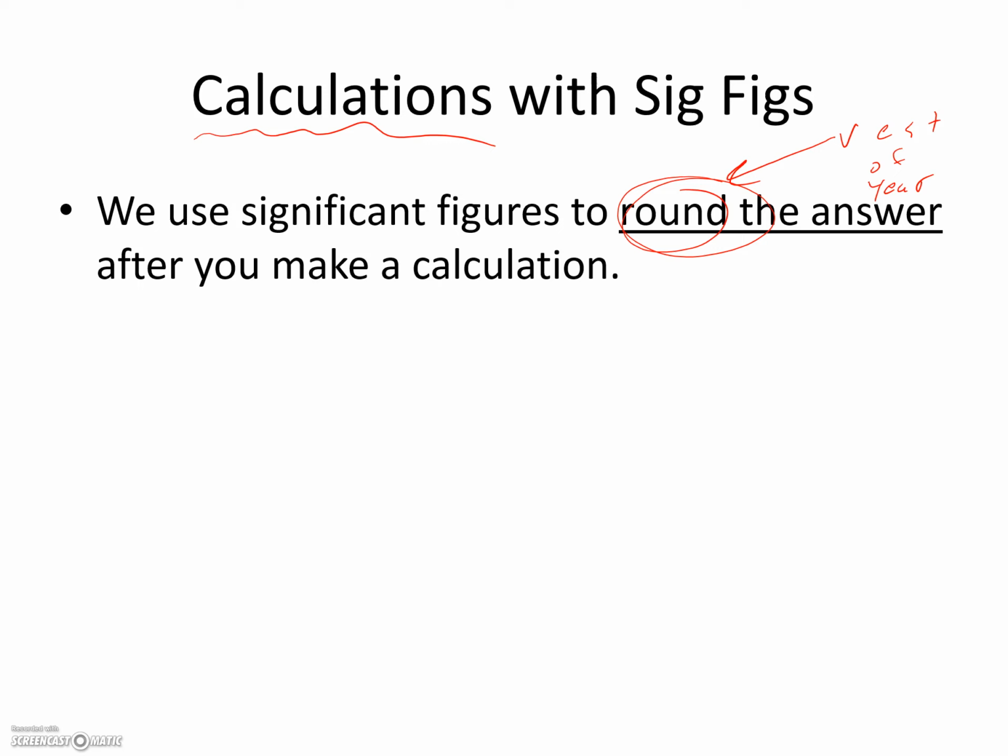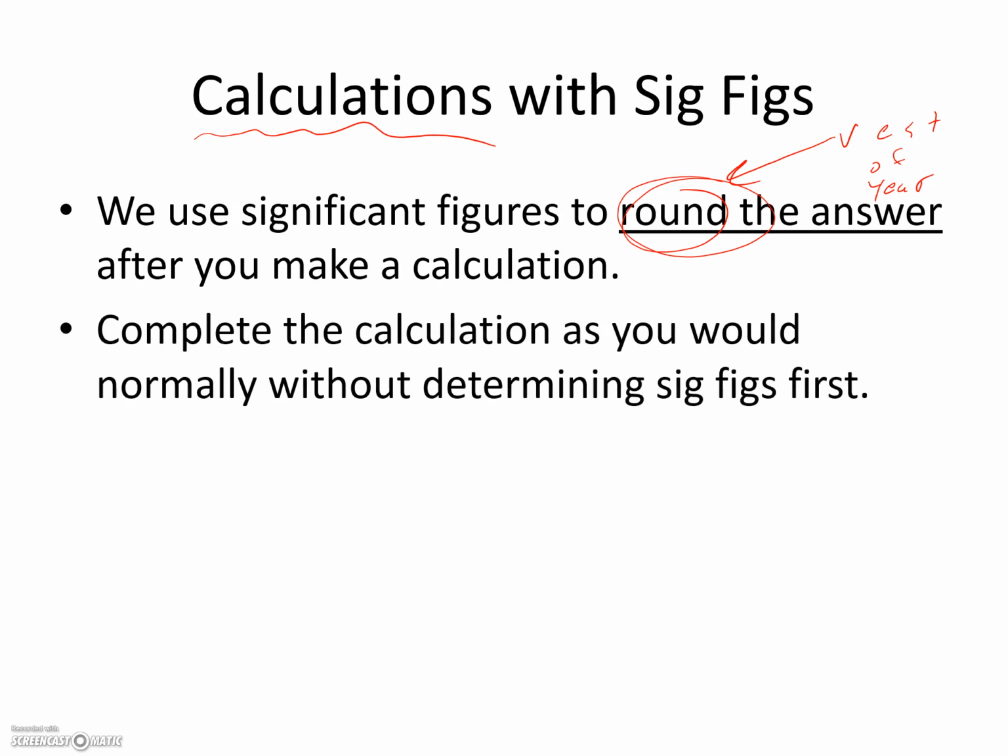We're going to focus on how to find them, how to round our answers, and if we struggle with this, we're going to take some time to go back and get it because you're going to lose points on tests and quizzes.